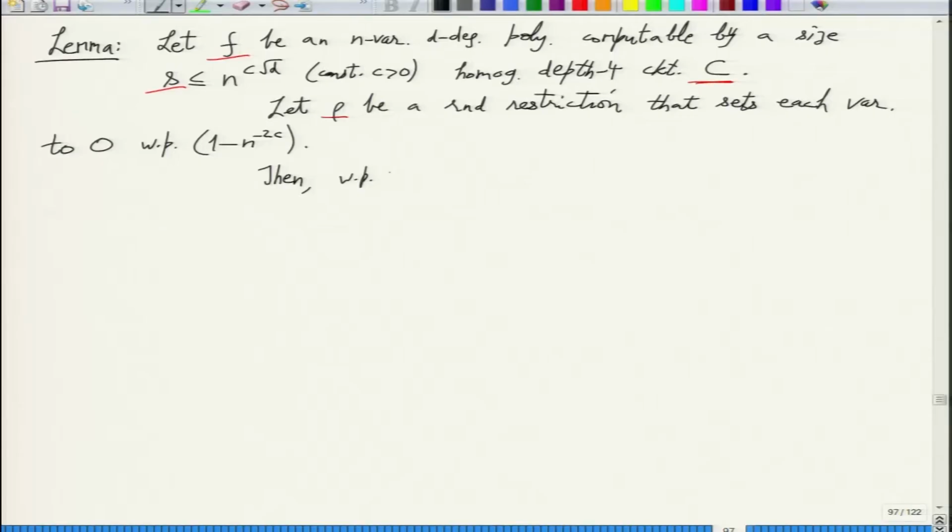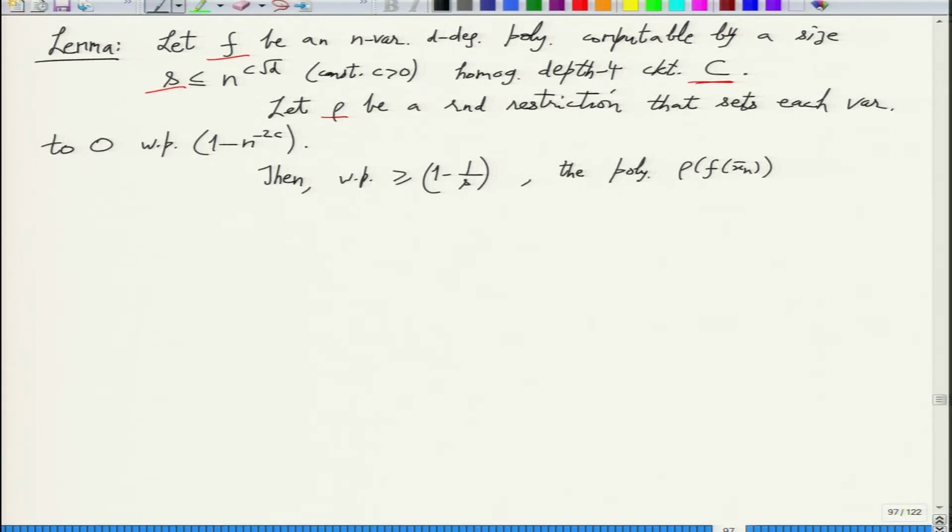So then with probability greater than or equal to 1 minus 1 over s, the polynomial rho of f, what is rho of f? Well, rho of f is just applying rho on each variable.